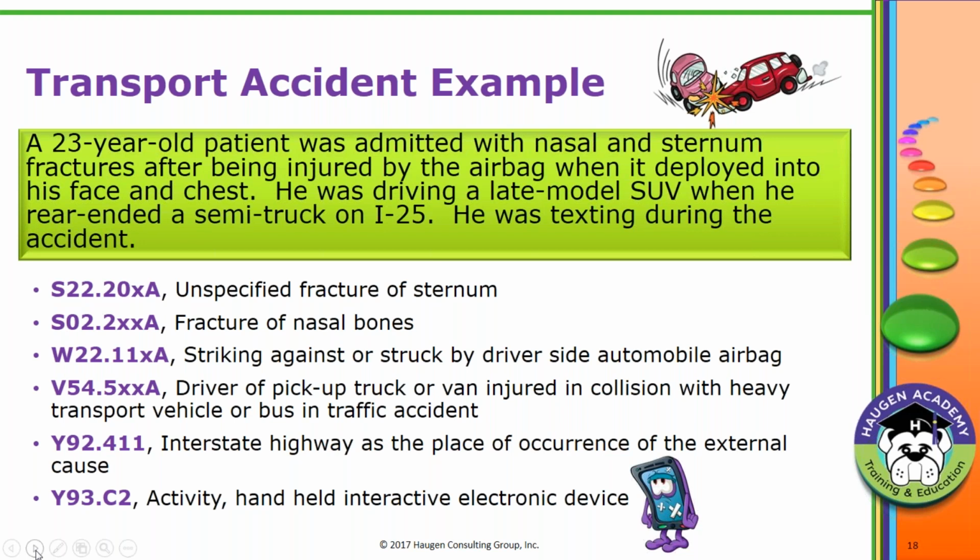So that is him running into that semi-truck. It occurred on I-25, so we can capture that with a Y92 code there. And then, like I said, unfortunately, he was texting while driving, and we do have an activity handheld interactive Y93 code. So that is an example of how we could apply those external cause codes.